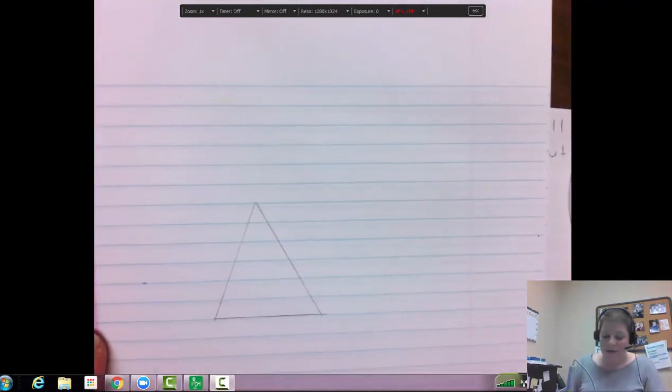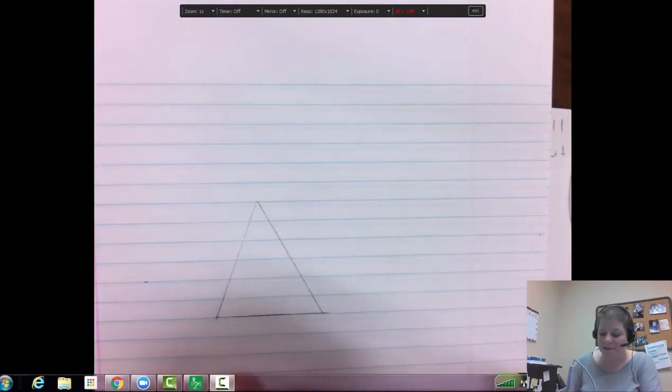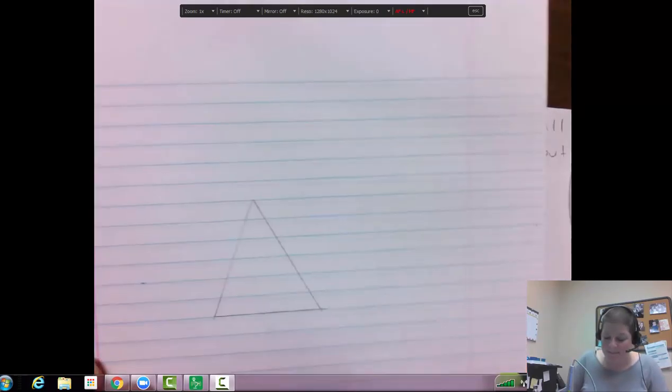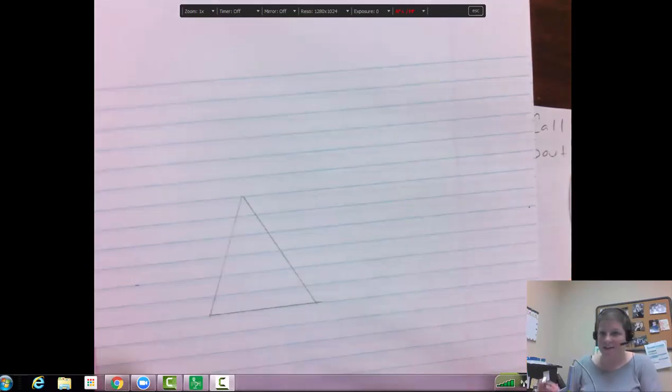So here is an acute triangle, and what we need is the perpendicular bisector of each side. For a perpendicular bisector, your compass needed to be set a little larger than halfway, and this is a little larger than halfway on all sides, so we're good.